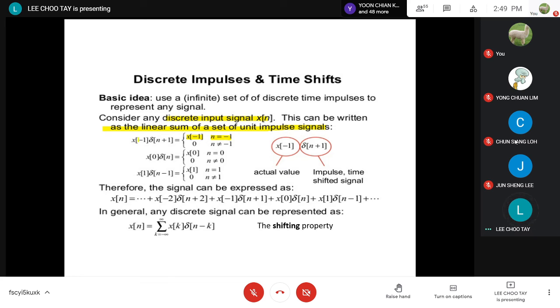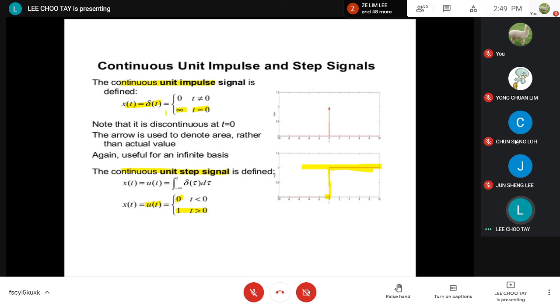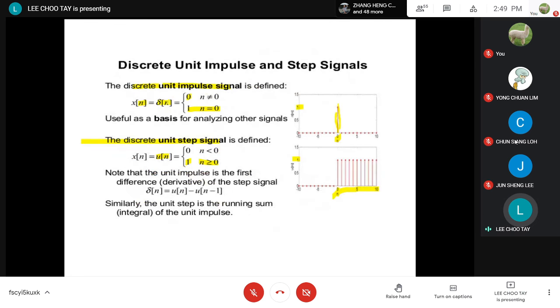Why is that? That is because delta[n+1] is only 1 when n is -1. If you go back to the definition of the impulse signal, delta[0] is 1 when n is 0. For any other non-zero value in the bracket, the output is always 0.